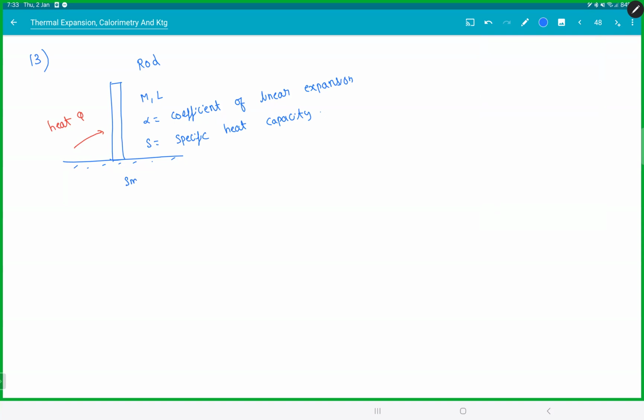The floor is smooth. Find the change in temperature of the rod. Assume all the heat is absorbed by the rod only, so there is no loss. So we're assuming the rod is not cooling down, all that stuff you can ignore. I gave heat Q to the rod, it took everything. What is the change in temperature of the rod?